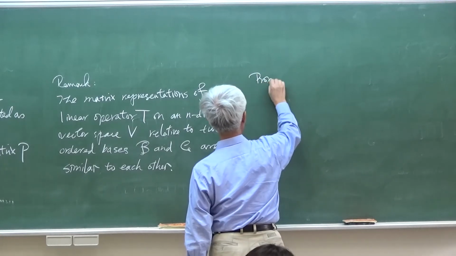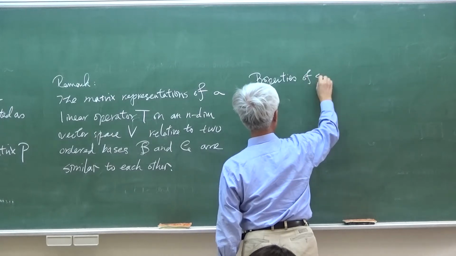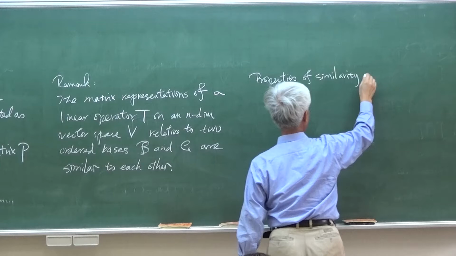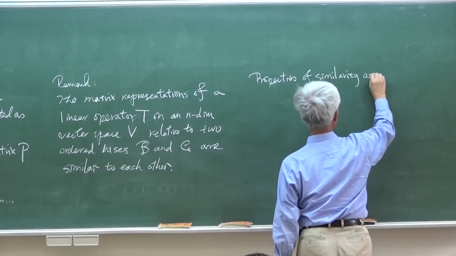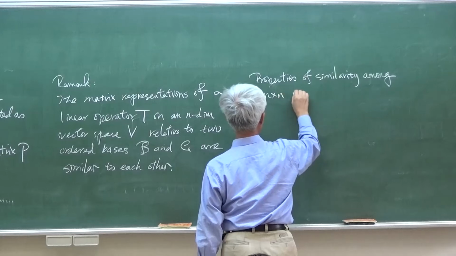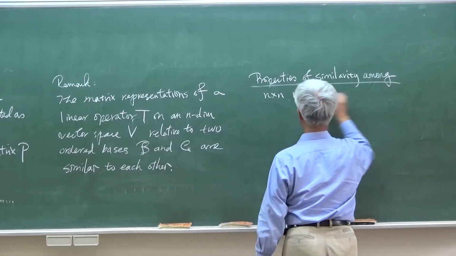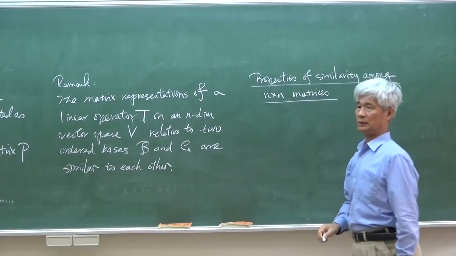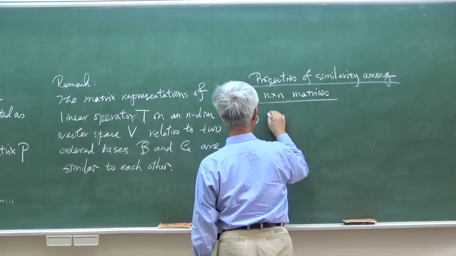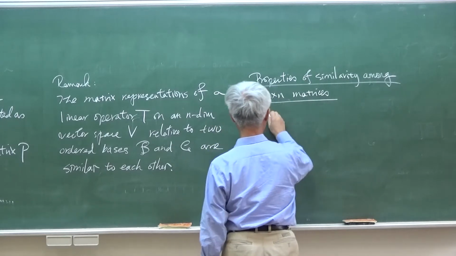So let me write down properties of similarity among n times n matrices. First property: reflexive.